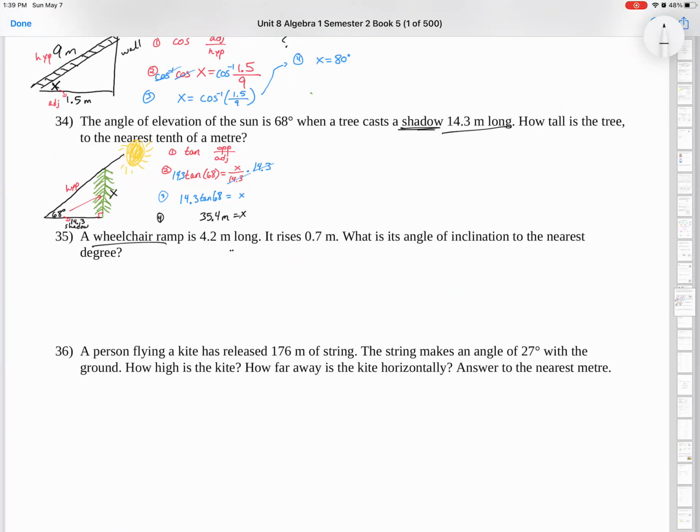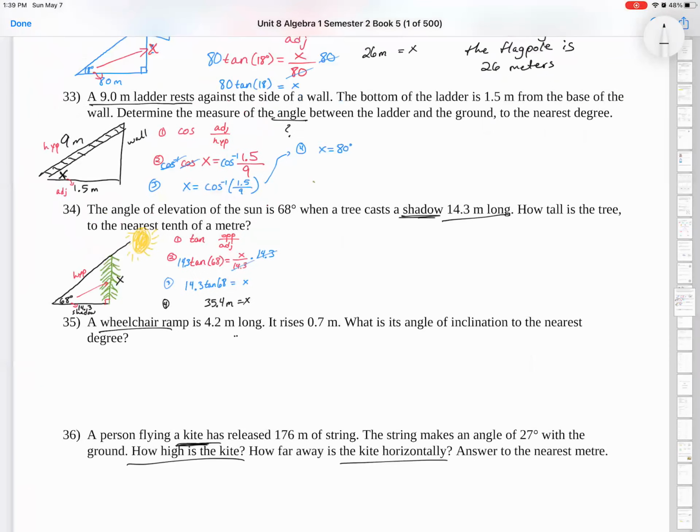Very common question. So it's known as the wheelchair ramp question. 36 is the kite question. So, these things are very common, in other words. And then again, though, with 36, you have to find out how high the kite is and how far away the kite is horizontally. So this actually has two different questions. Okay, so just keep that in mind for 36.